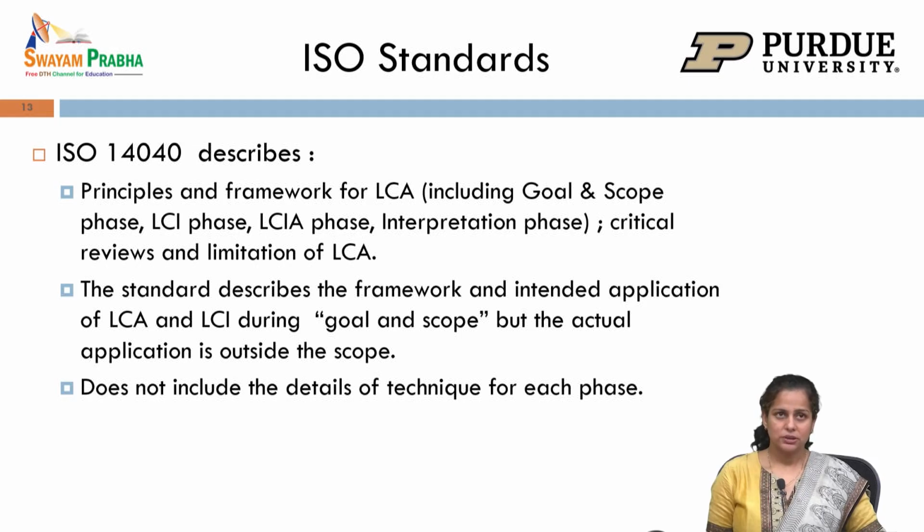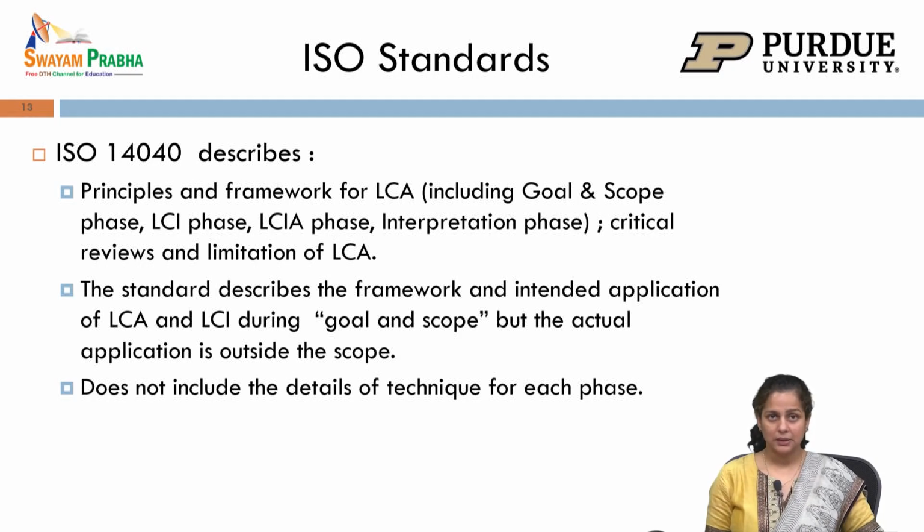So, what the ISO standards give is they describe the principles and framework for LCA including the goal and scope phase, LCI phase, LCIA phase and interpretation phase, and critical reviews and limitations of LCA. Since the ISO provides this standard, it is easier for us to follow those norms and then do a standardized LCA that can be compared across different studies.